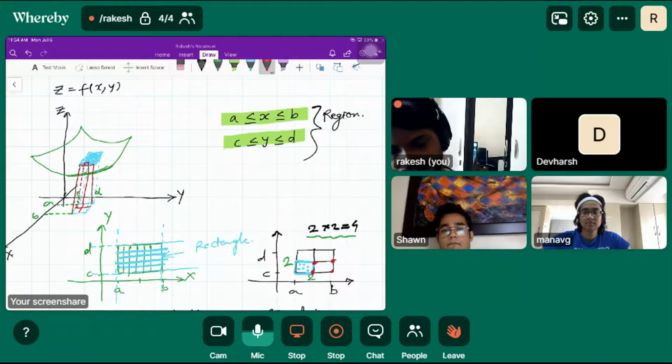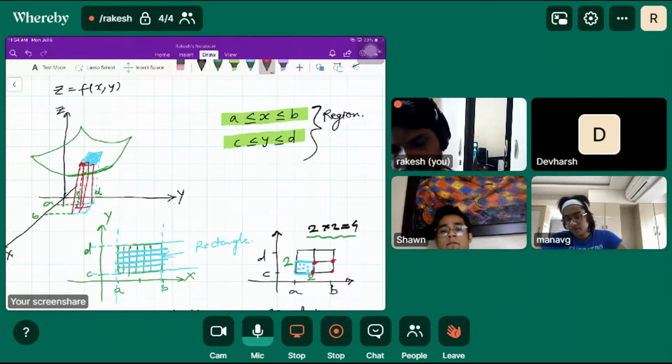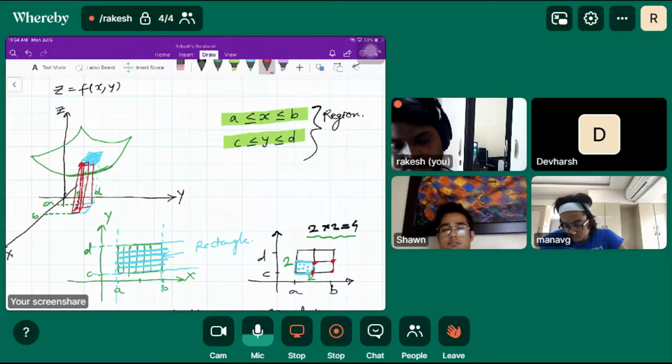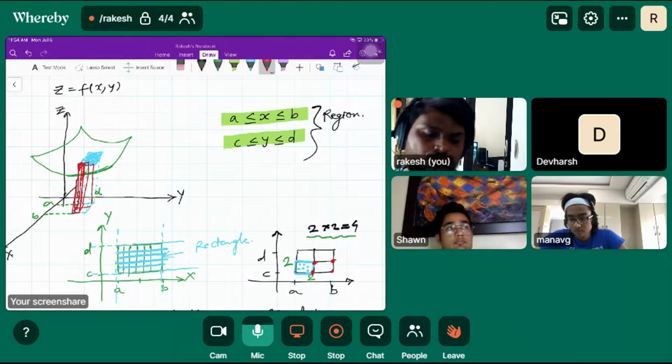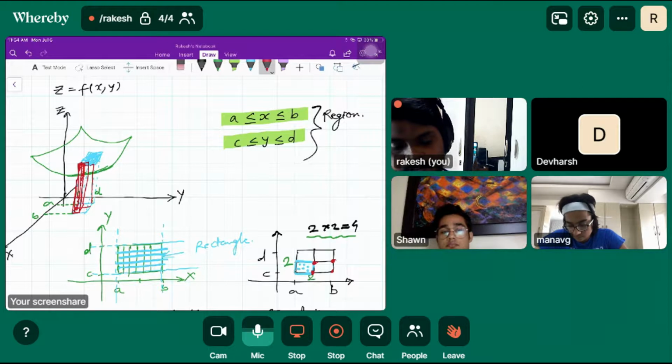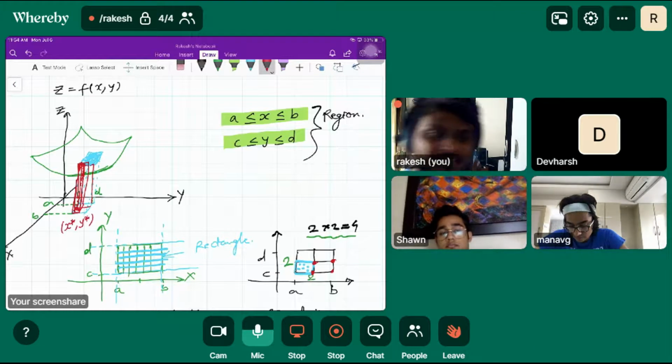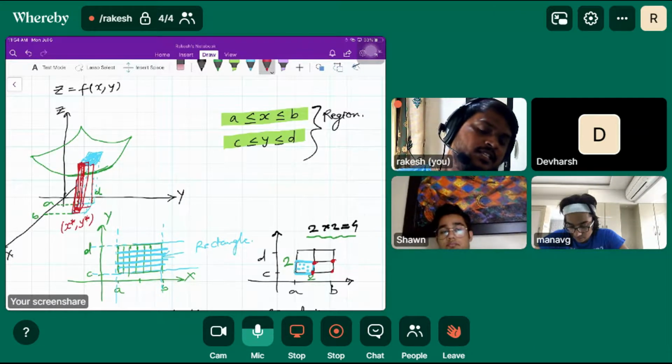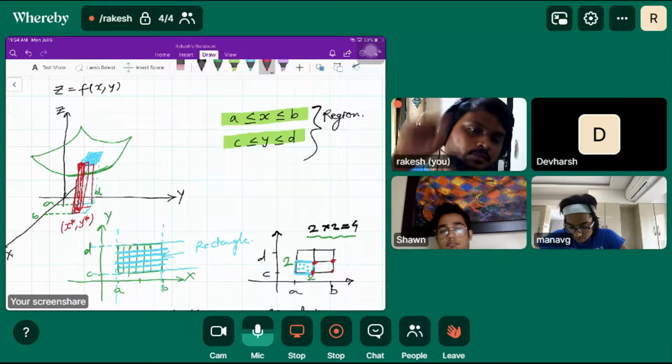If I draw one of the cuboids here so that you can understand, it's very difficult for me to draw here, but you must have understood the diagram. To find the height of this cuboid, we plug in any point, let's say x star comma y star, which is any point on the boundary or within the rectangle.